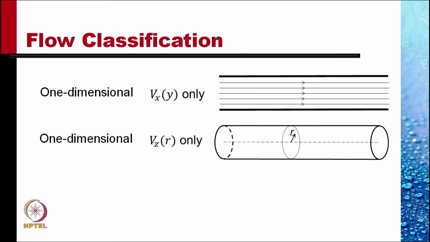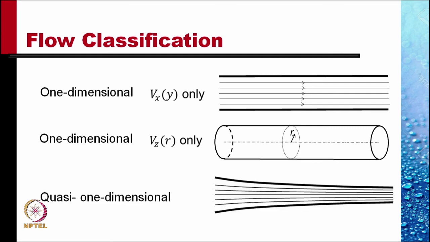Similarly, flow through a pipe. We have seen before that flow through a pipe at laminar regime has a velocity field which is parabolic, and it is a function only of r. Vz along the axis is a function of r. This is one-dimensional.